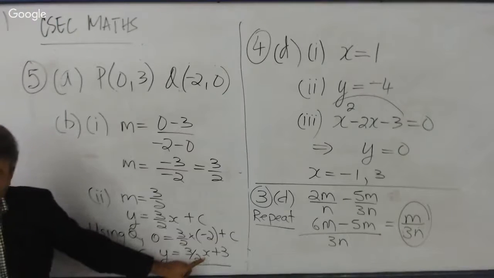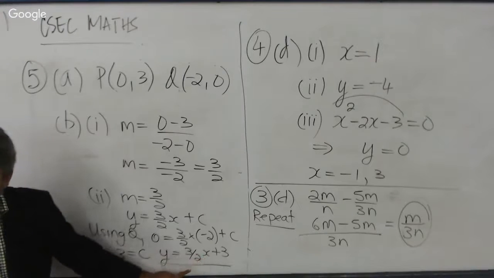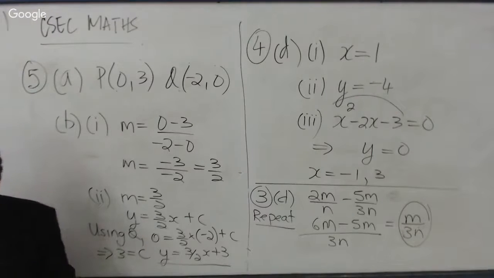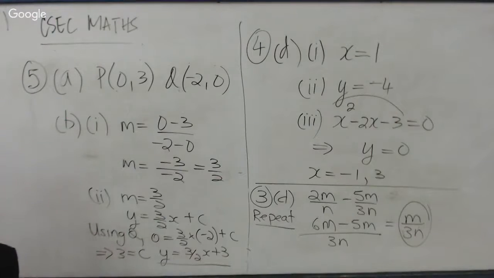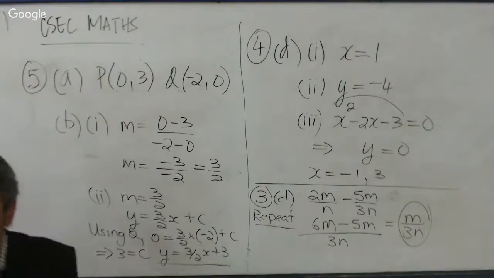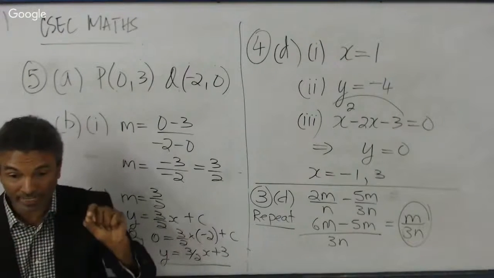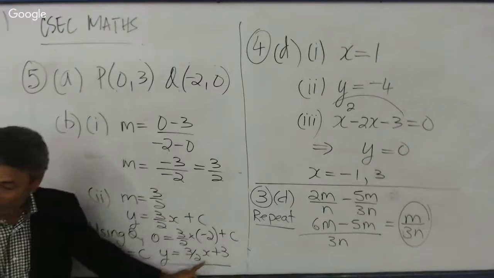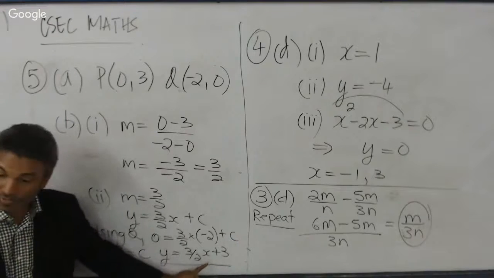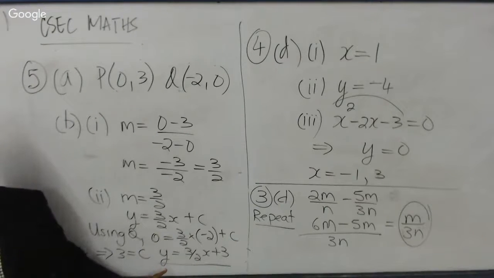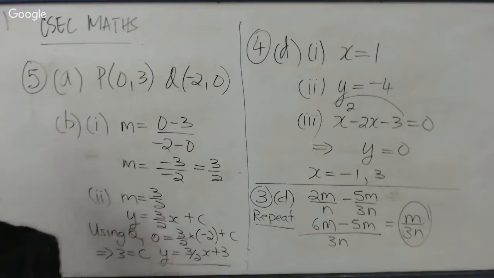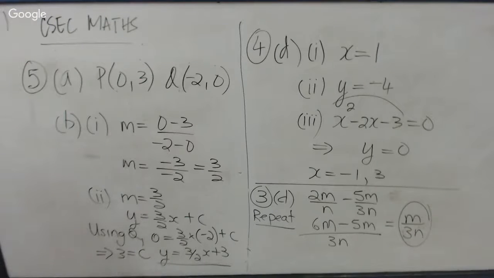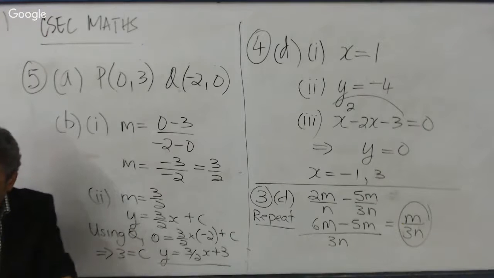Why don't I put down the -2 where x is here? Because this is what you call the general formula. What do I mean by the general equation of a line? It means any point that you pick on that line: if you put in x and work it out over here, you get back the y. It's like in variation, where you find the constant k.